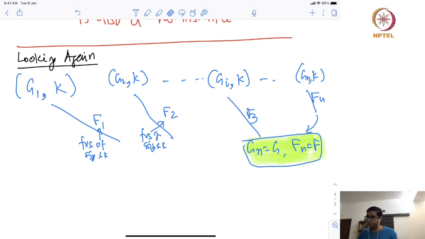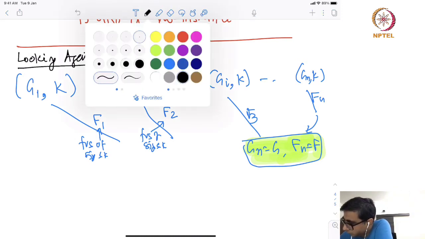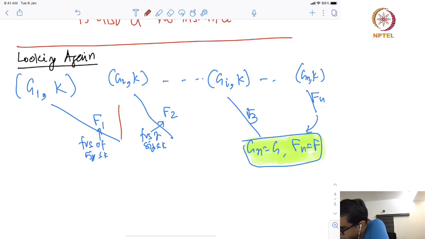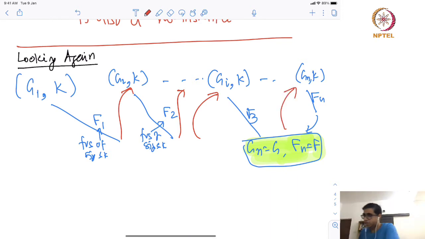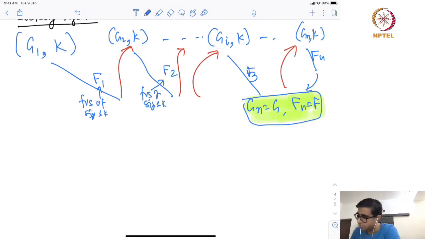Now notice what happens. What is the property? So let's look at Fi.